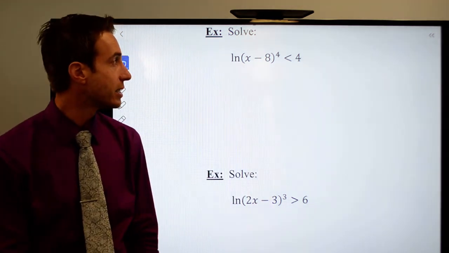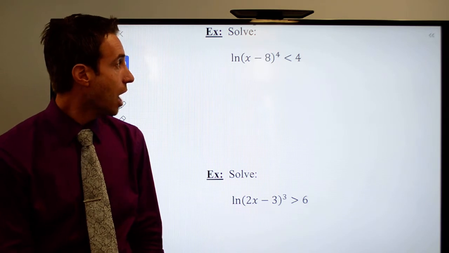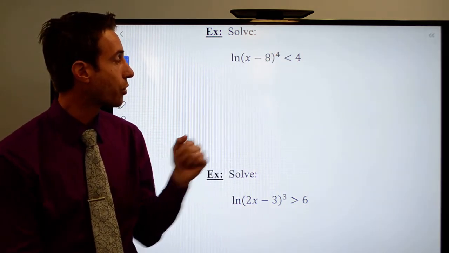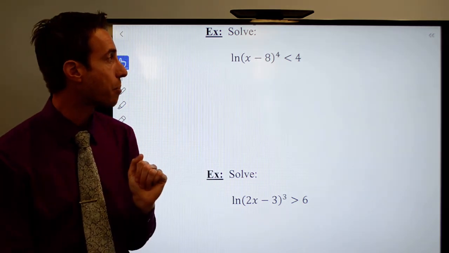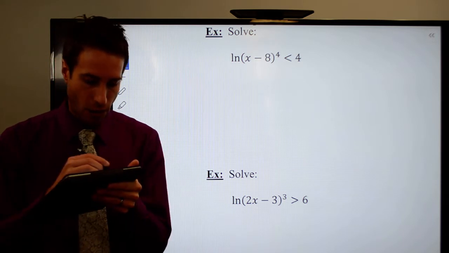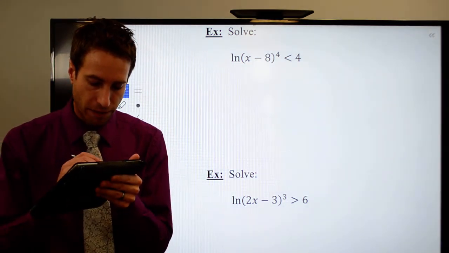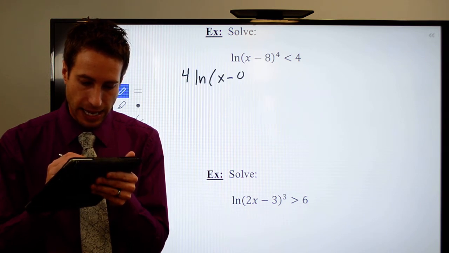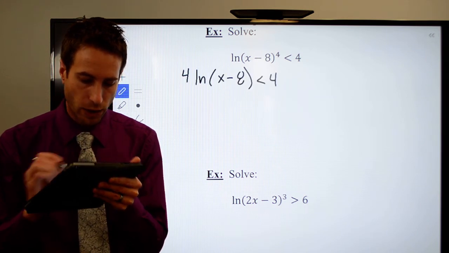So here we go. Let's go ahead and take care of this guy. And here's the way it's going to work. I've got my argument raised to the 4th power, so I'll just use that power property of logarithms to bring that 4 down out front. And so I wind up with 4 times the ln of x minus 8 is less than 4.